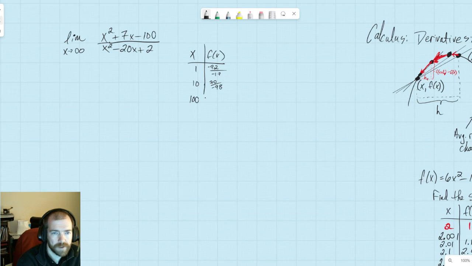Okay, so let's look at 100. 100 squared is going to be 10,000 plus 700 minus 100, so 600. So this is going to be 10,600 divided by 100 squared, again 10,000, minus 2,000, so that's 8,002.